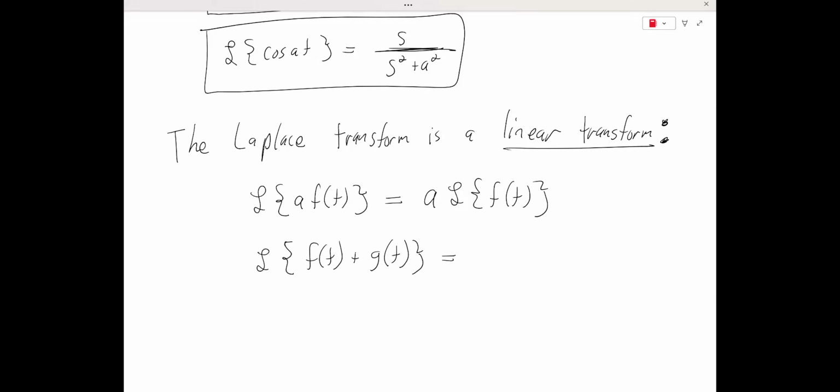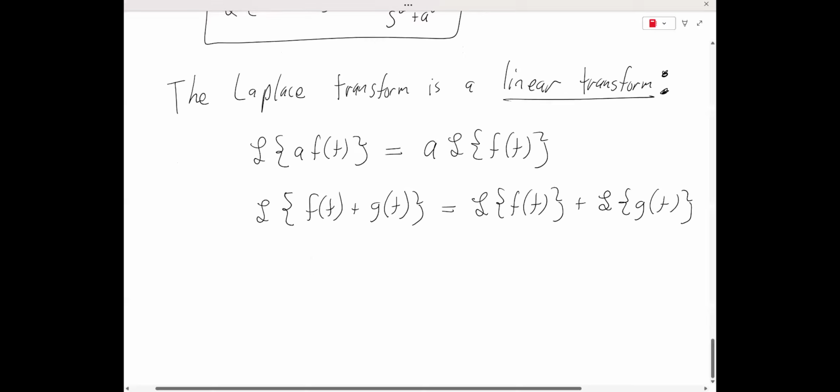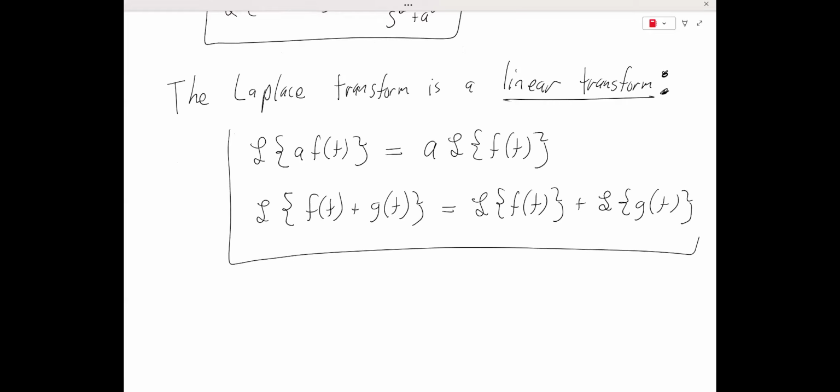You can take these separately here. Okay, so anything else so far, Nat? Okay, so I'll put these in boxes here, these two.